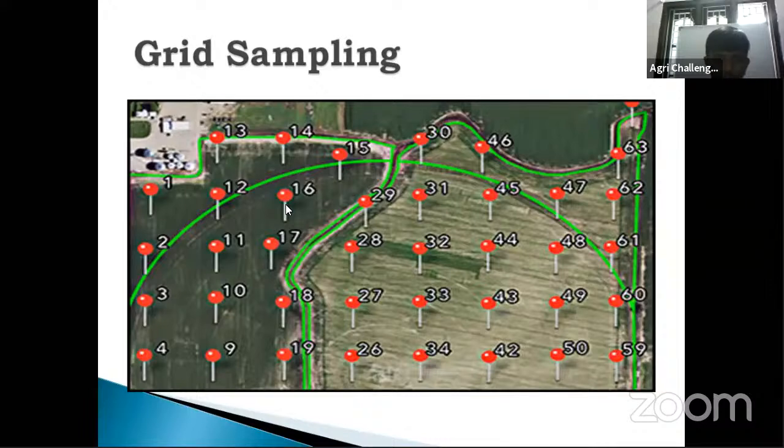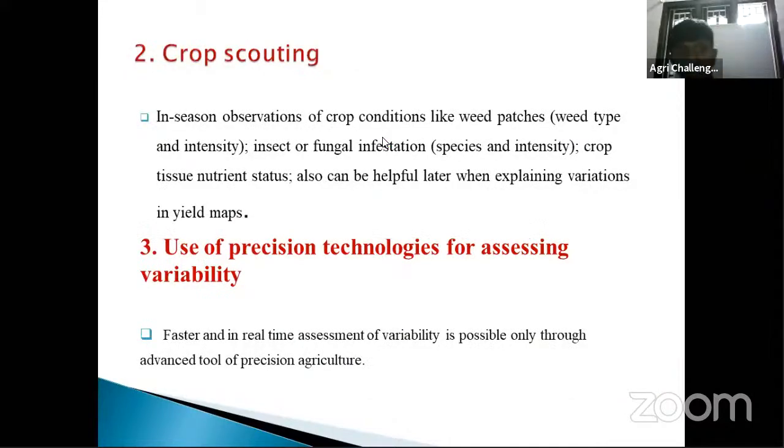Next one is crop scouting. I already told you what crop scouting is. In-season observations of crop conditions like weed patches, weed types and intensity, or insect or fungal infections, or crop tissue nutrient status can also be helpful.